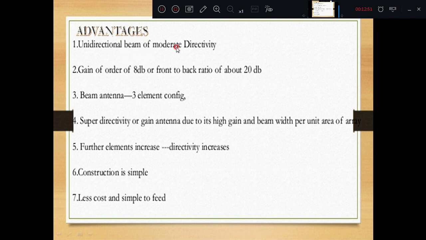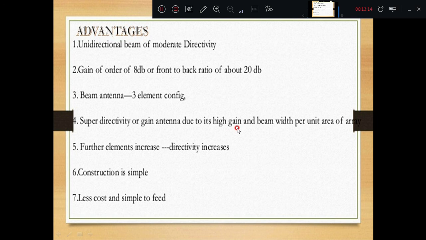The unidirectional beam of moderate directivity. The gain is of the order of 8 dB, and the front to back ratio, that is F by B ratio, is about 20 dB, and it is a 3 element configuration.